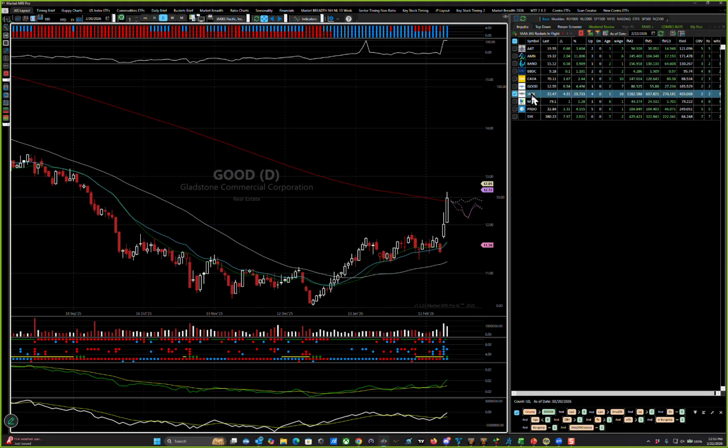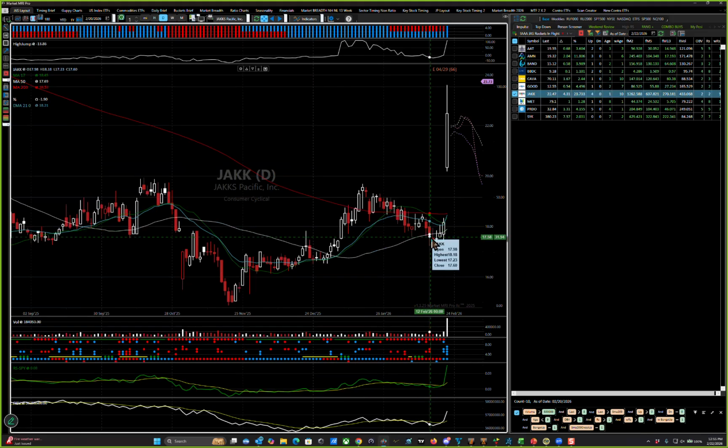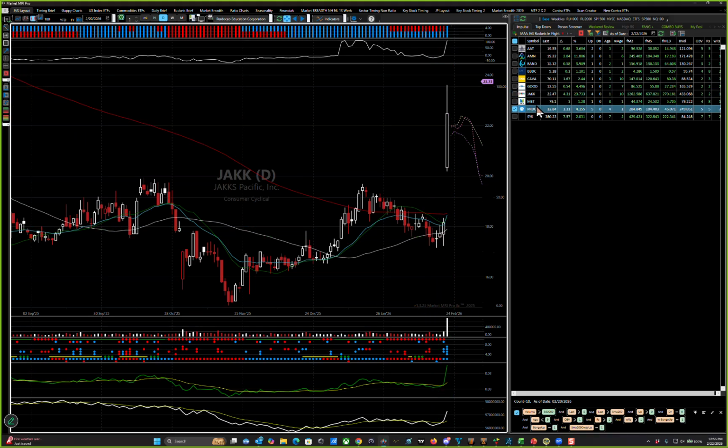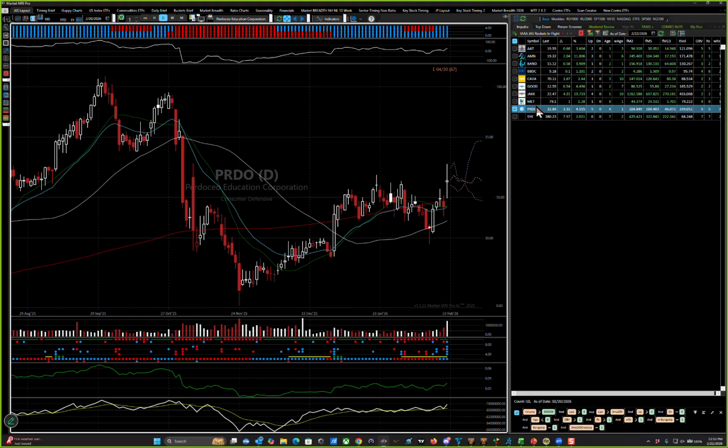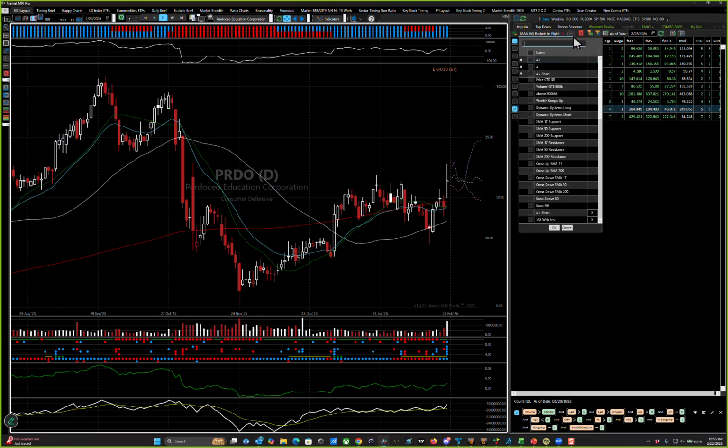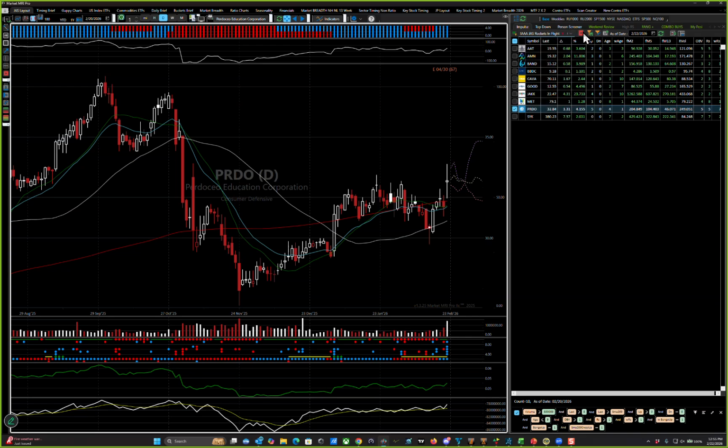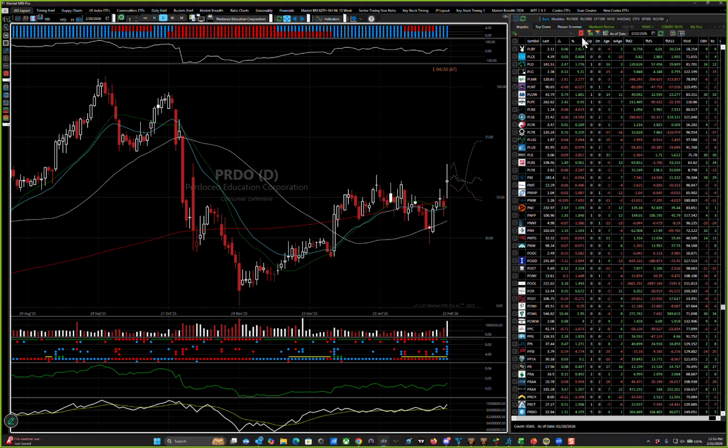So I have to go back and pull that. These have all crossed above. This one's sitting on the 50 and broke out. So again, I haven't tested all these to see if they add to the strength of the filter or not. But my point is that you can start adding and subtracting some of these sub filters that we did. So that's anything else over here I wanted to show you.